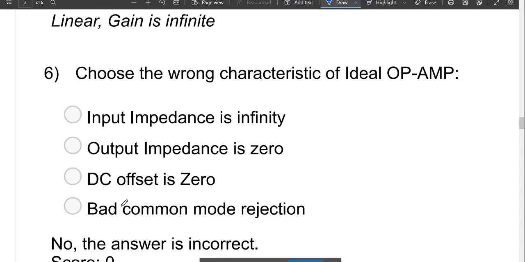It's the ability of the op-amp to reject the common mode signal.